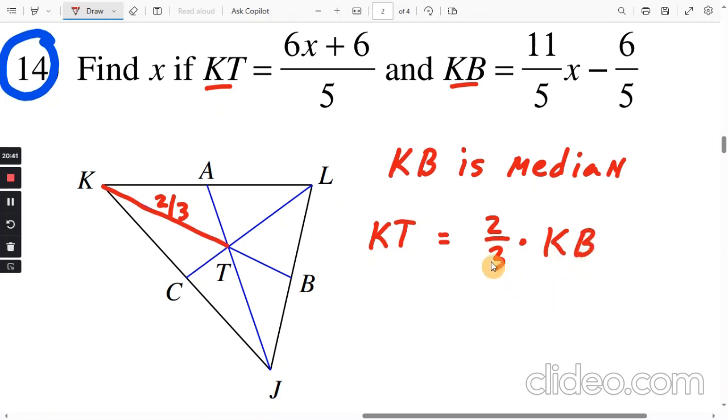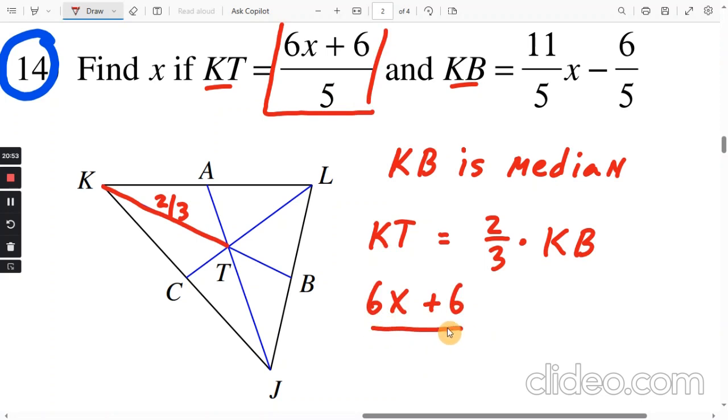All right, let's plug in. KT is going to be 6x plus 6 over 5 in place of KT. 6x plus 6 over 5 equals 2/3 times KB. Use parentheses.